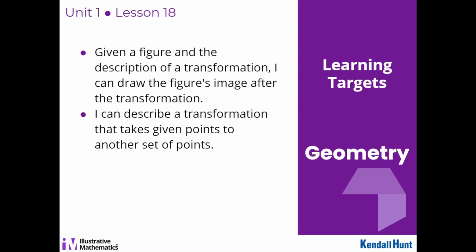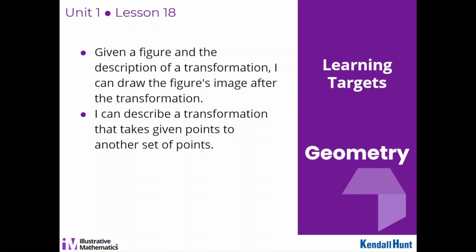Learning target number 1 says that given a figure and the description of a transformation, you can draw the figure's image after the transformation. This is what we were doing in that third practice problem. They gave us a figure to start with. They gave us a description of 2 transformations, and we did the reflection first, and then we did the translation, and we were able to draw the final shape.